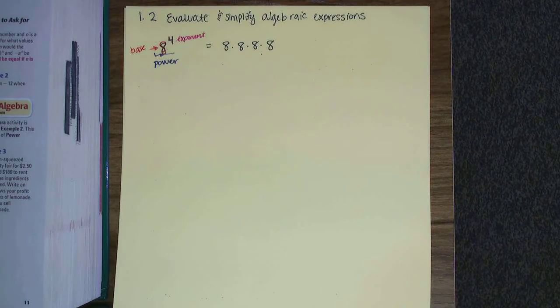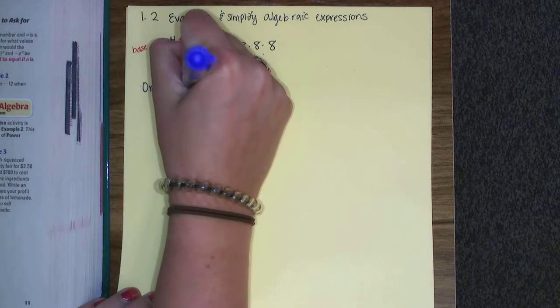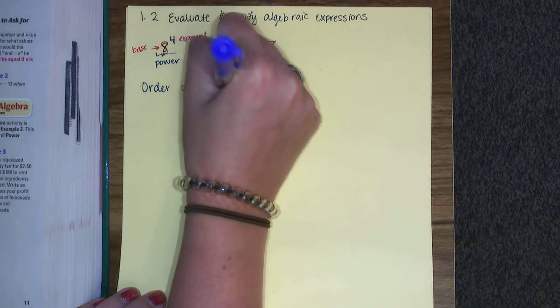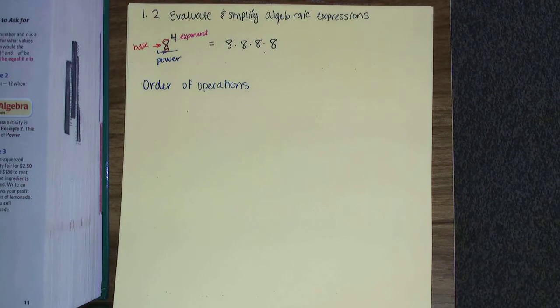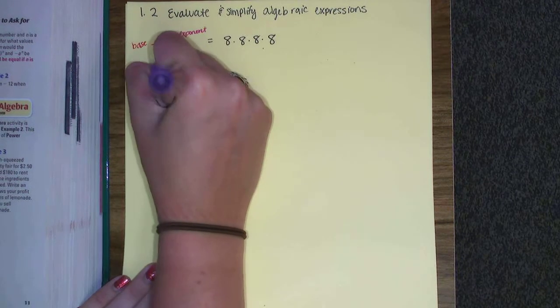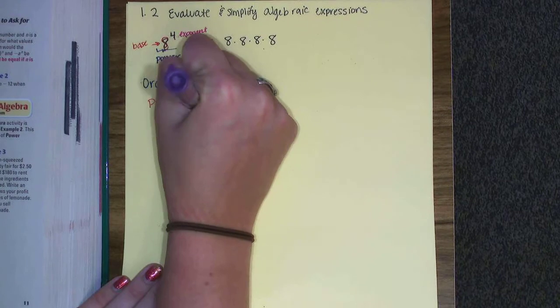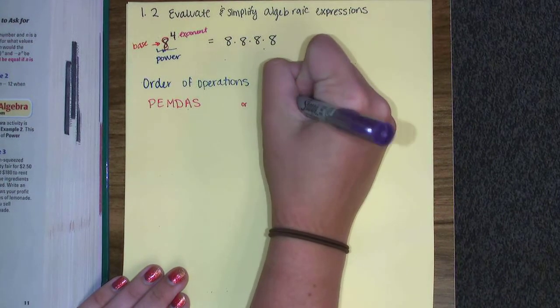The next big thing that I want to review is order of operations. There are a couple of ways that you could write this. Some people write it as PEMDAS. Another way is GEMDAS.